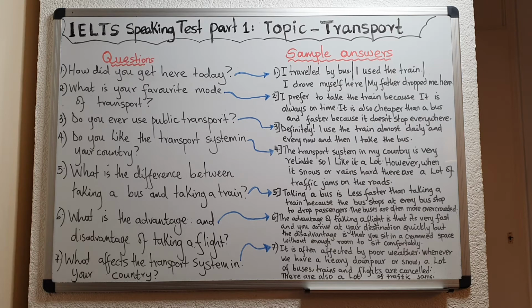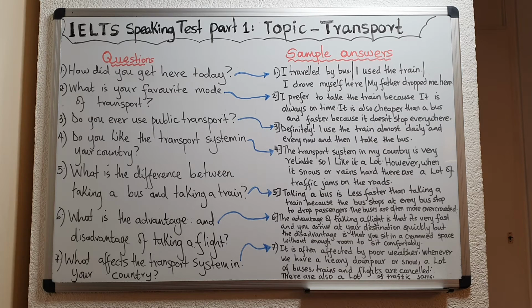Now, if you watched my previous video on IELTS Speaking Test Part 1, where I talked about the topic of hometown, then you remember I said that you have to avoid yes or no answers. But also you have to try and explain your answers.